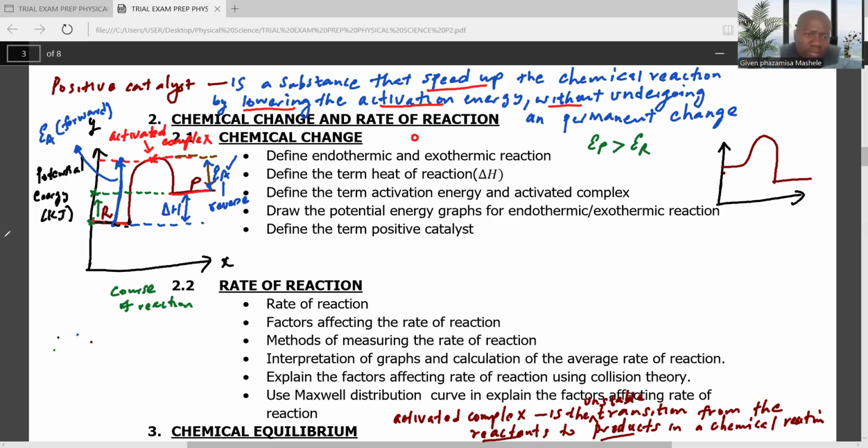The energy of the products is less than the energy of the reactants. It's below, actually. So this is an example of an exothermic potential energy graph.